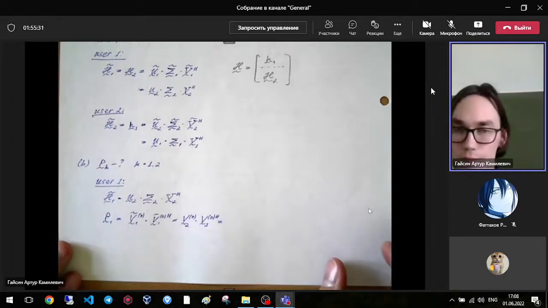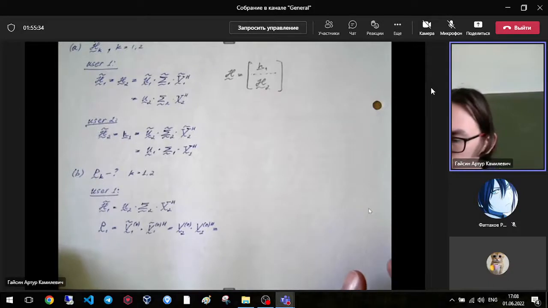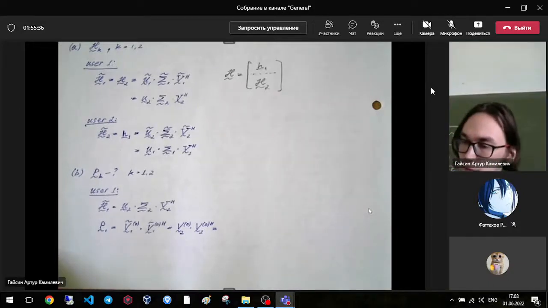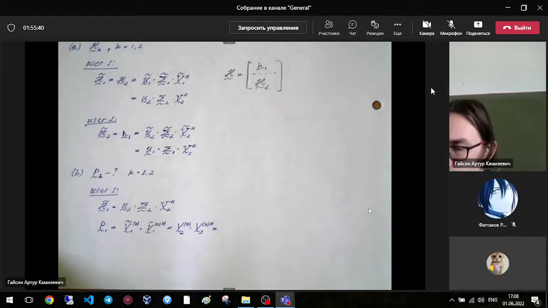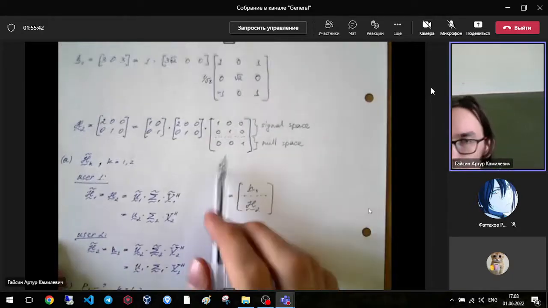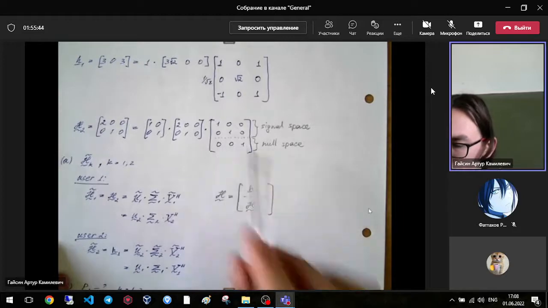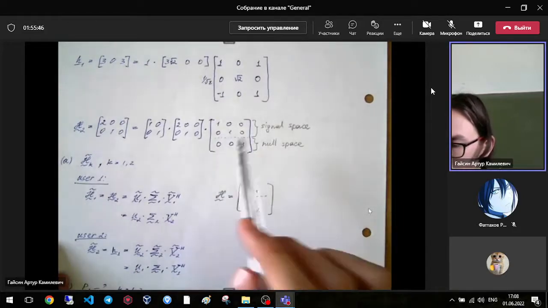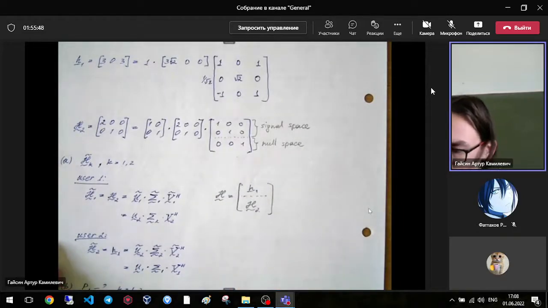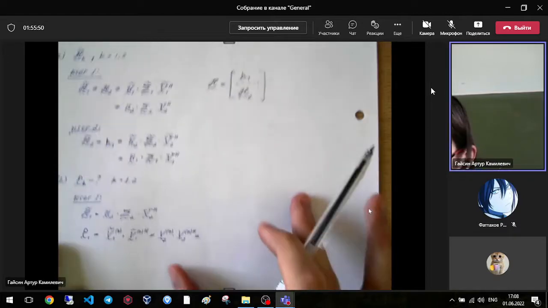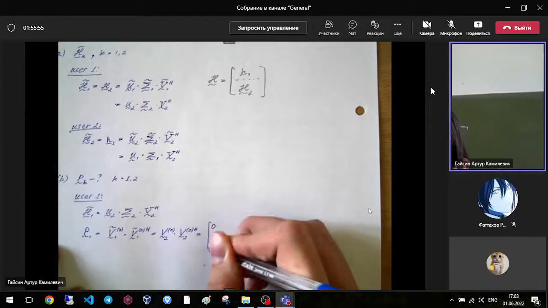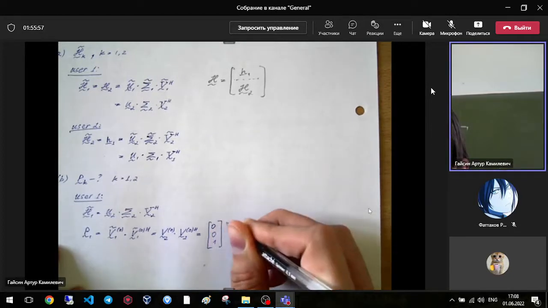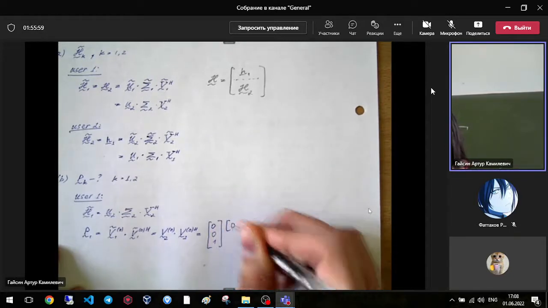So in this case, V2, it is column vector with values 0, 0, 1. So this one, because it is already the Hermitian version, but we need without Hermitian first. So first one, it is 0, 0, 1. And we multiply it by the 0, 0, 1.